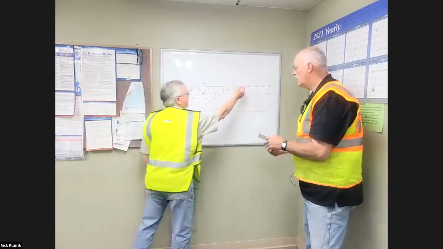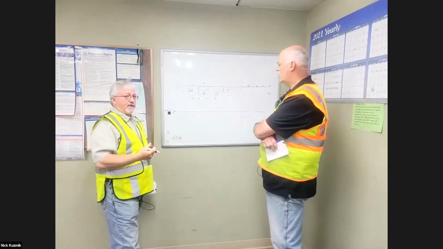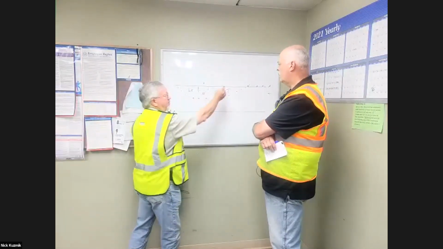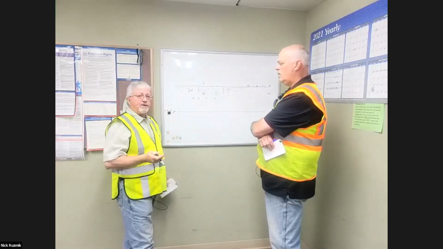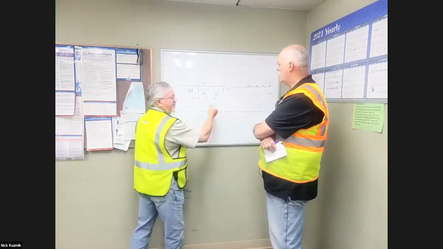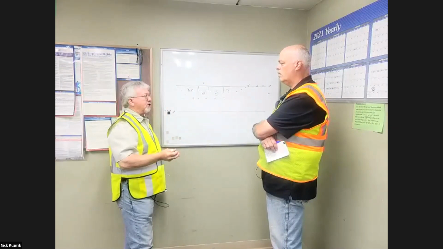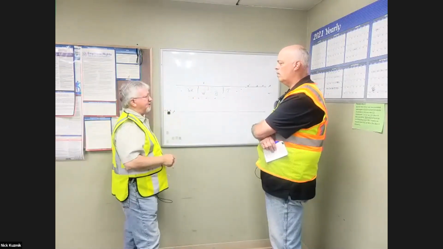Typically, the flagger will be controlling with a stop slow paddle. Ideally, you're going to have a visual between each other. If you don't, or even if you're far apart, you may want to have a horn or a whistle or something in case somebody does drive through the taper zone and your buffer zone. You want to alarm the workers over here that somebody's coming. You don't want to get run over.